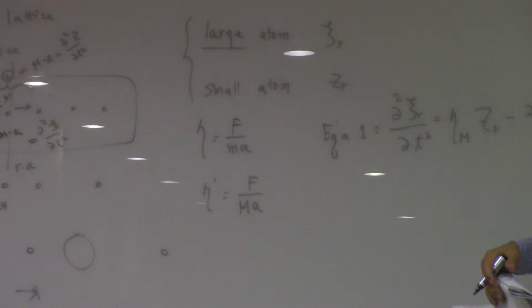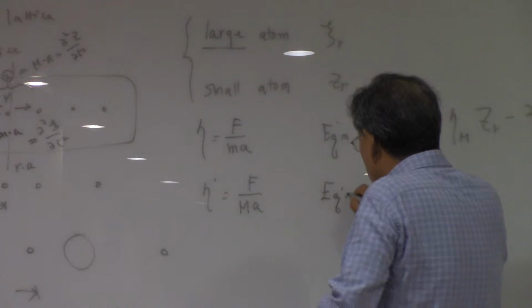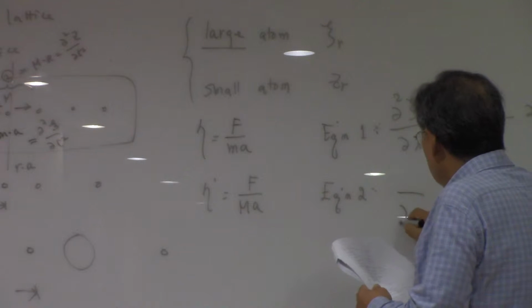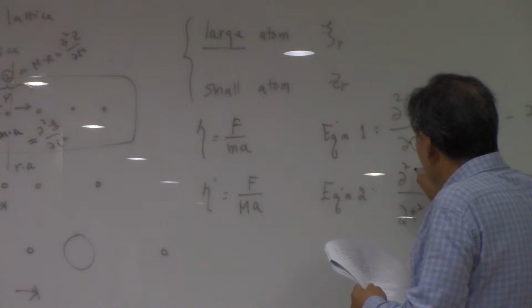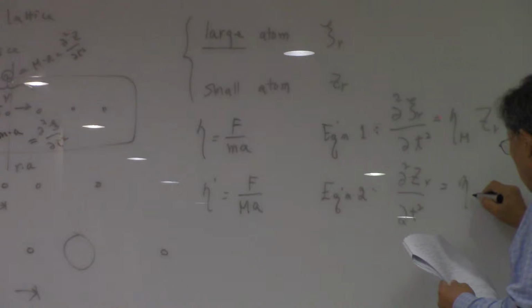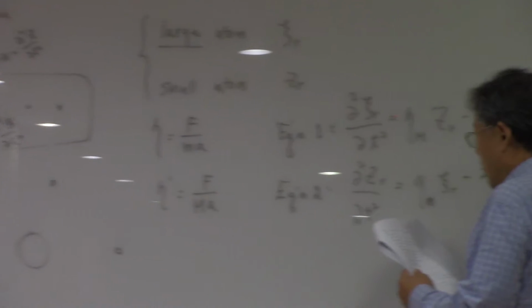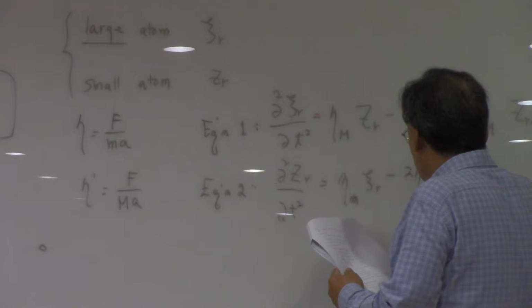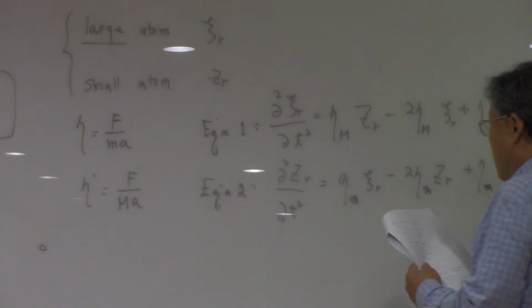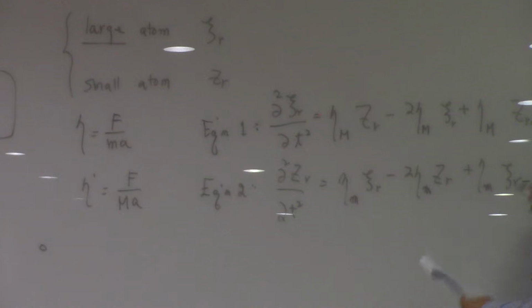And the equation number 2 is going to be round T square over round square zr equals eta m psi r minus 2 eta m zr plus eta m psi r minus 1.